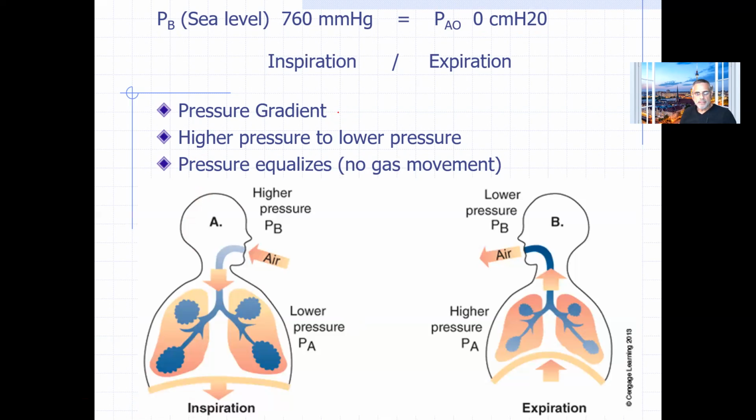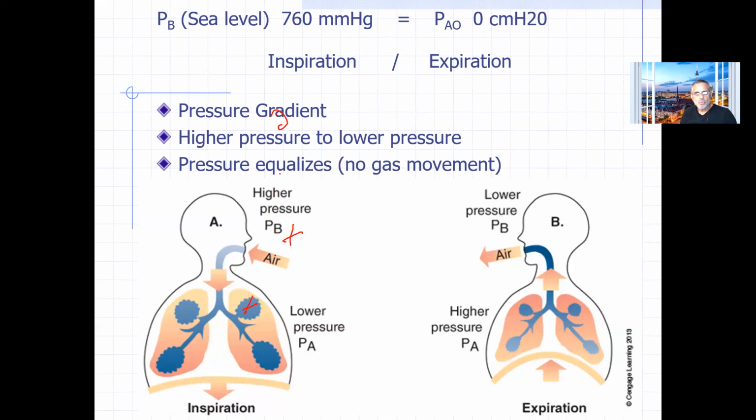So as we're looking at the left-hand side, we're looking at the pressure gradient between what is outside and what is inside the lung. Here I'm looking at airway opening pressure. We could be looking at that airway opening within the upper airway, but all of that is airway opening pressure compared to the pressure in the alveolus.